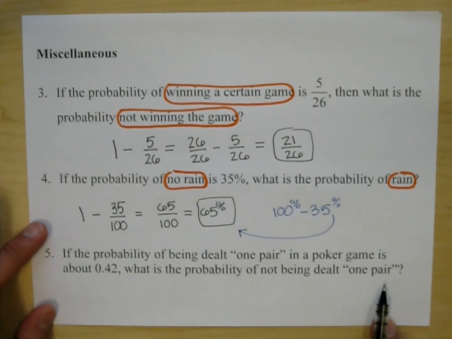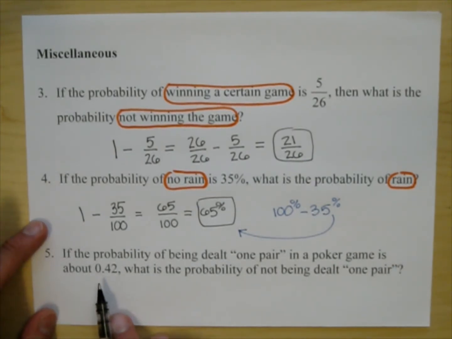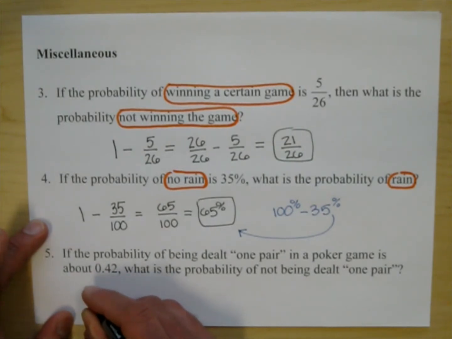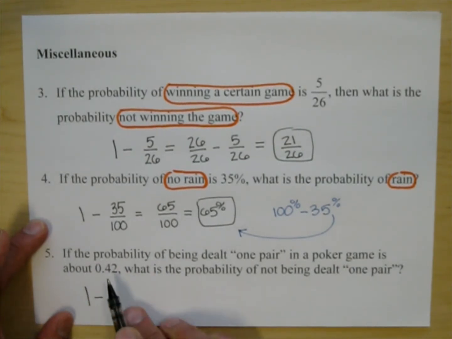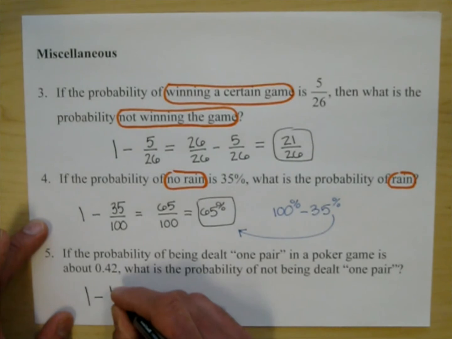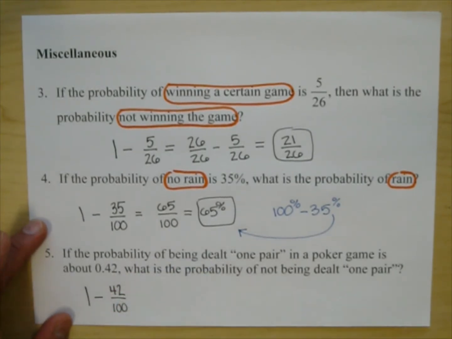Okay, so we could just go 1 minus this probability. Now, if you like the fractions better, I'll go ahead and do it the fraction way. This is 1 minus, what is 0.42? Isn't that 42 over 100?